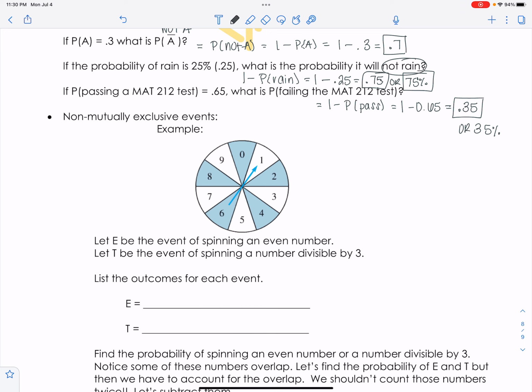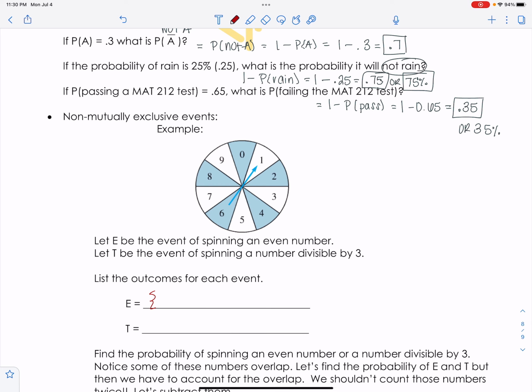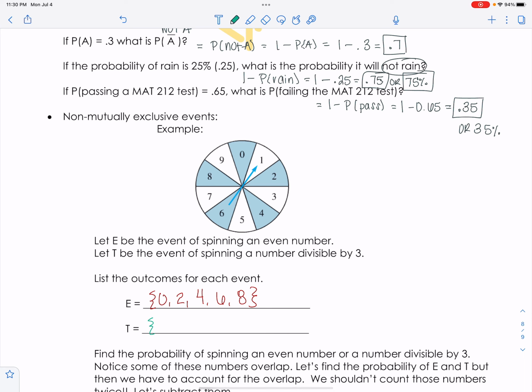And so let's list off the elements in event E, spinning an even number. So my even numbers on my spinner, not all the even numbers, are going to be 0, 2, 4, 6, and 8. The event T is spinning a number divisible by 3, and so those numbers are going to be 0, 3, 6, and 9.